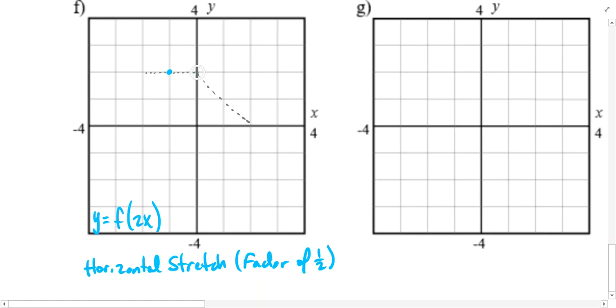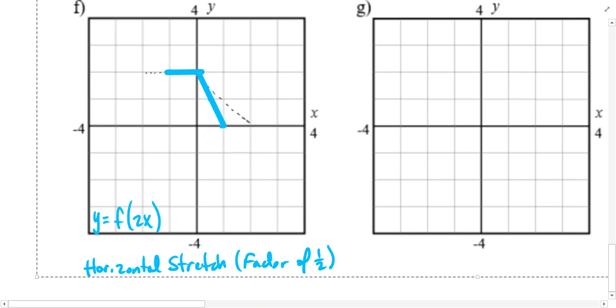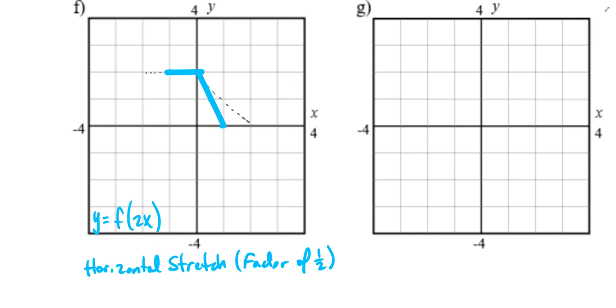Instead of an x value of 0, well, half of 0 is still 0, so we're going to retain that position. Instead of an x value of 1 right here, we're going to go to half of that. And instead of an x value of 2, we're going to utilize an x value of 1. All y coordinates remain the same for these transformations. The only thing that changed was our x coordinate, because this was a horizontal change or transformation.